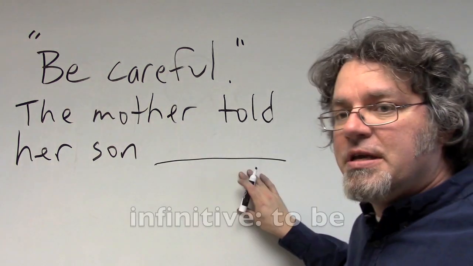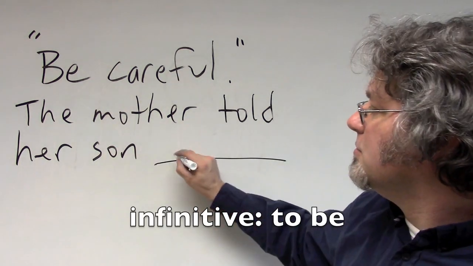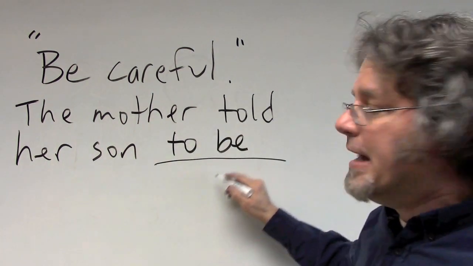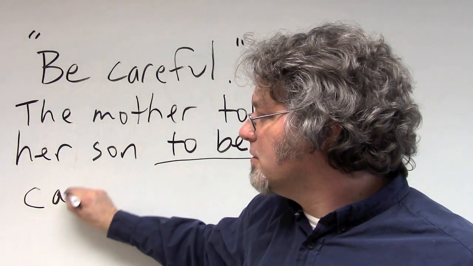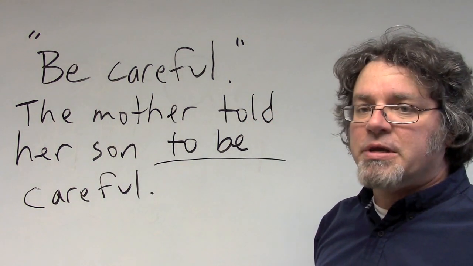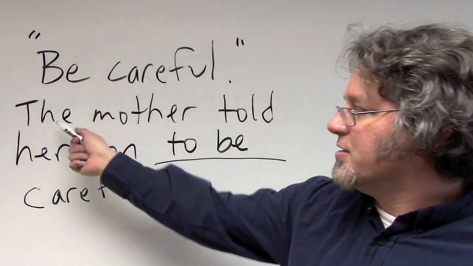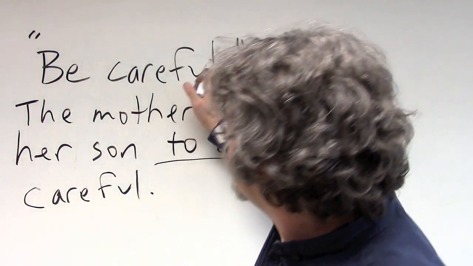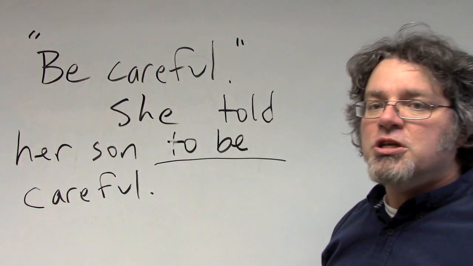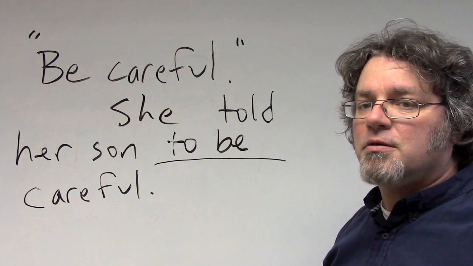Right there you want to use the infinitive, so to be, and then the adjective, careful. The mother told her son to be careful, or if I replace this with a pronoun, I can just say she. She told her son to be careful.